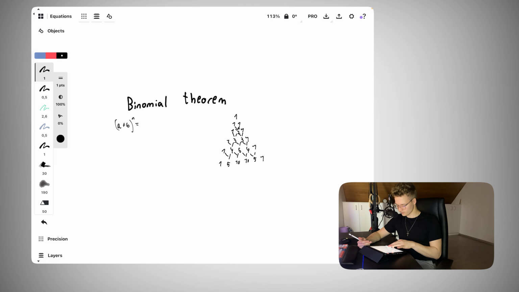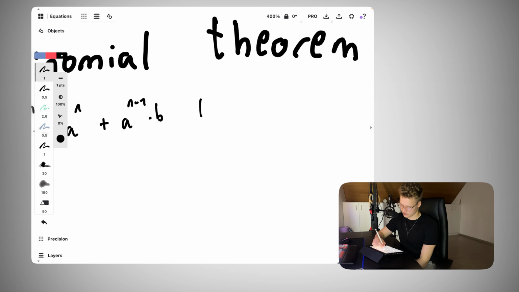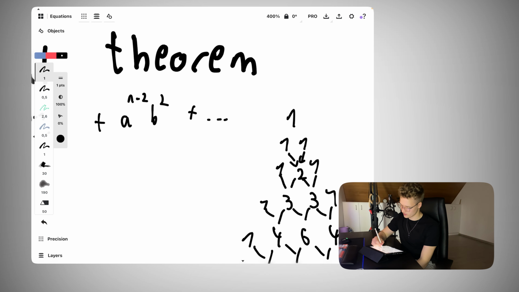So you just write the same thing. So you have a to the power of n plus a to the power of n minus 1 times b plus a to the power of n minus 2 times b squared plus, and it goes on, so on and so forth.